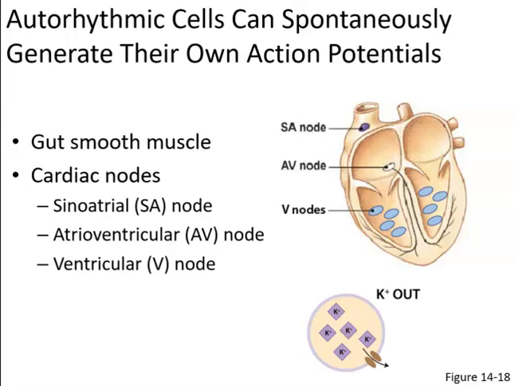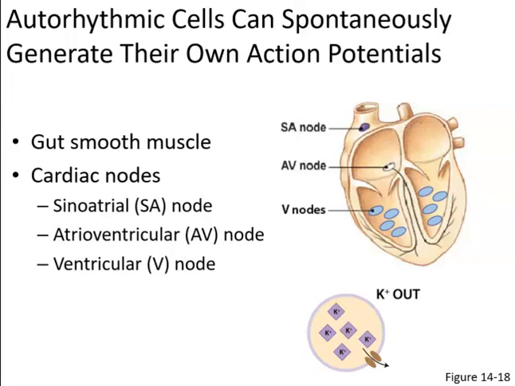Now, the GI tract also does have autorhythmic cells within the smooth muscle, and we're not going to get too much into it, but these electrical rhythms within the smooth muscle allow for peristalsis, or the movement of either fluids or food within the digestive system.